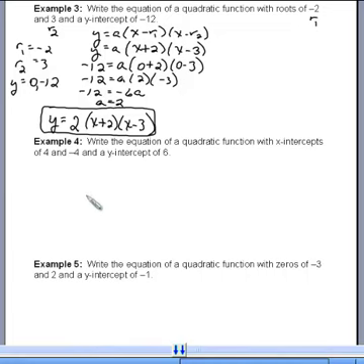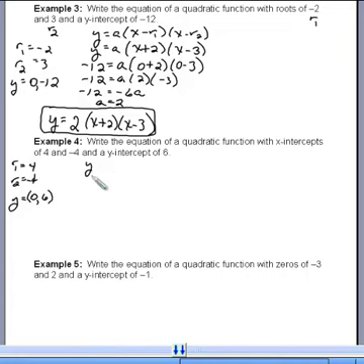Now let's look at example 4. The equation of a quadratic function with x-intercepts of 4 and negative 4 and a y-intercept of negative 6. So we're going to do the same thing. Root 1 is 4, root 2 is negative 4, and the y-intercept is at 0, negative 6. So here we go.